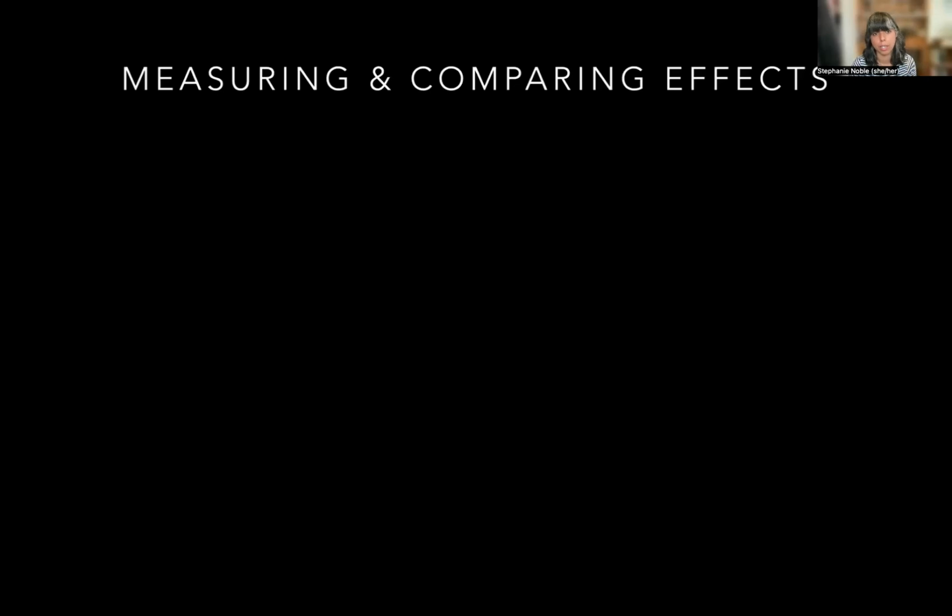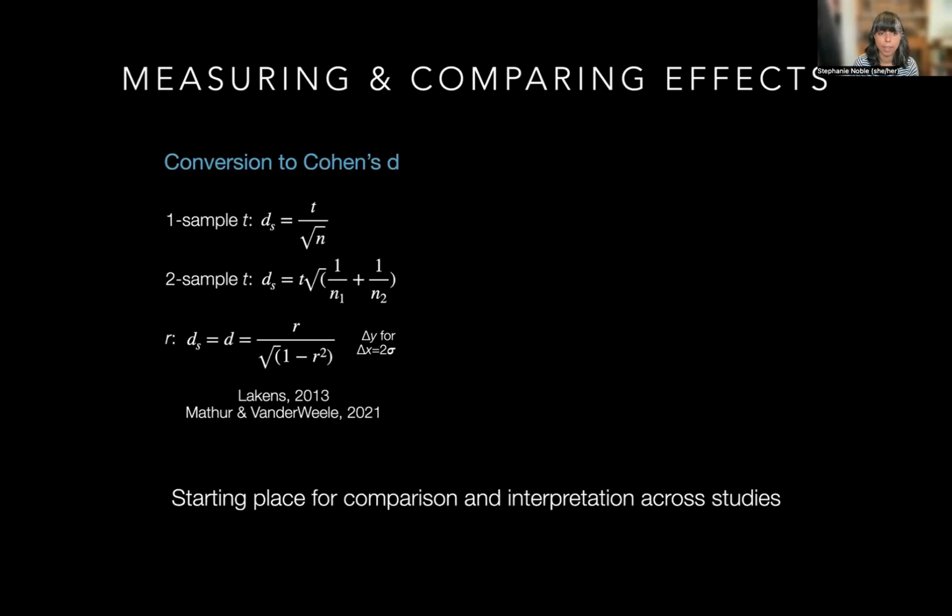So now that we know which studies we're using, we can talk about how we're actually measuring effect sizes here. I'm converting everything to Cohen's d in order to facilitate comparison across studies. One thing I'll note is that the standard conventional conversion from R to D assumes that we're looking at the effect size associated with a change in X of 2 standard deviations.